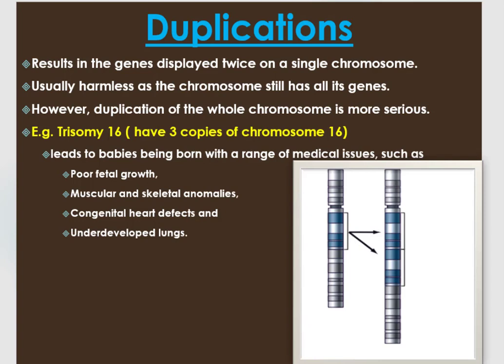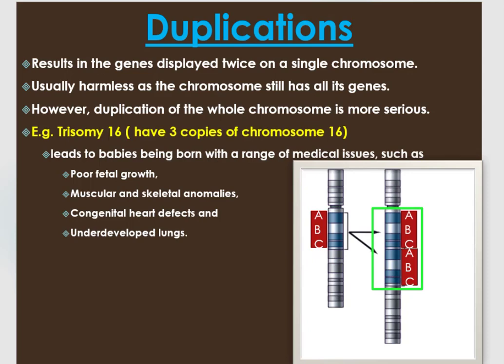For example, having 3 copies of chromosome 16, what we call trisomy 16, leads to babies being born with a range of medical issues such as poor fetal growth, muscular and skeletal anomalies, congenital heart defects, and underdeveloped lungs. As we can see from the diagram, genes ABC on the chromosome duplicate and are displayed twice on the chromosome as ABC ABC.